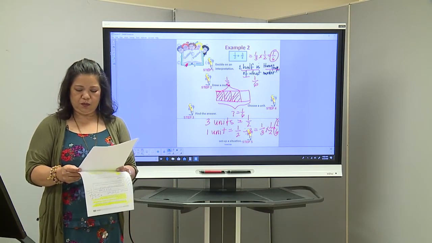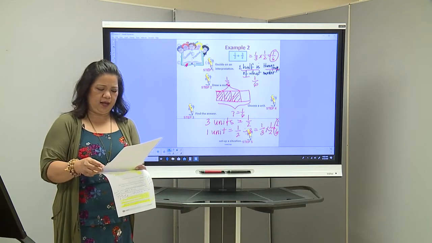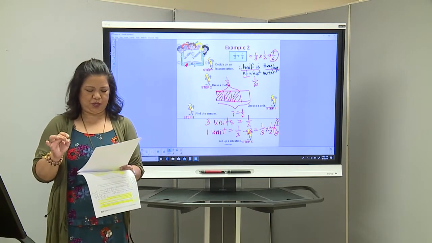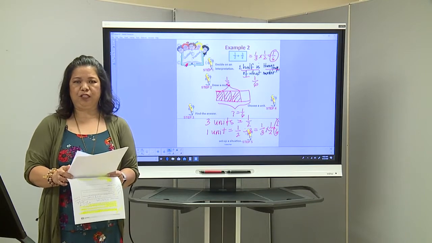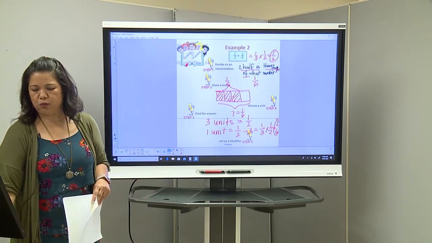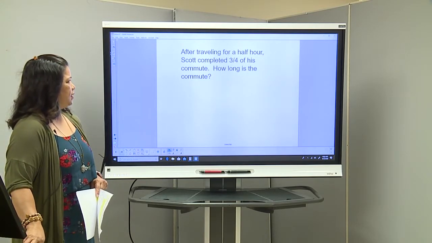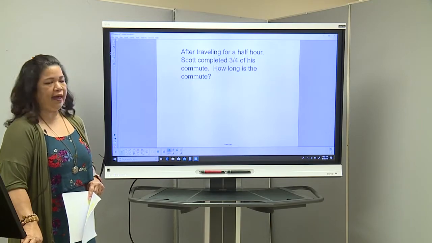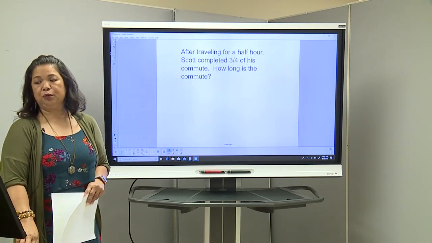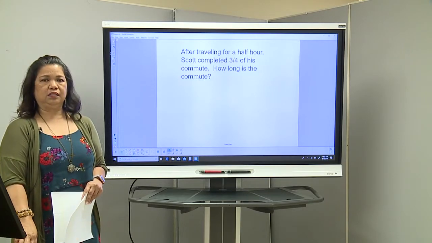Because all of those have halves and sixths, and they are identifiable parts of an hour, a foot, and a dozen. So given all that, this is what I came up with. So let's see if that works. After traveling for a half hour, Scott completed 3/4 of his commute. How long is the commute?